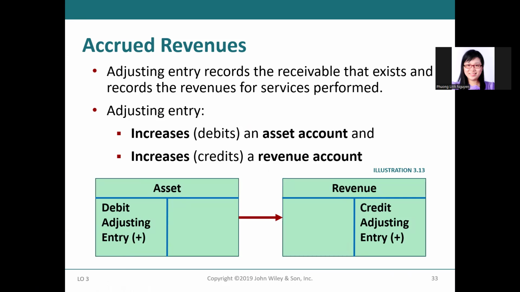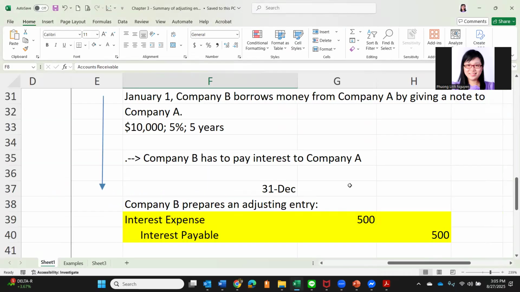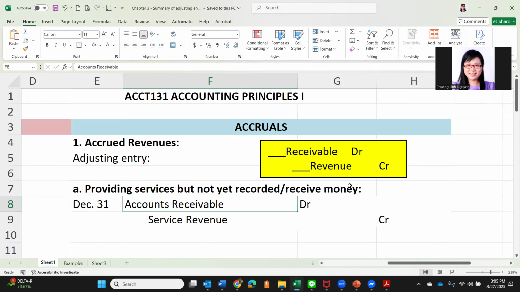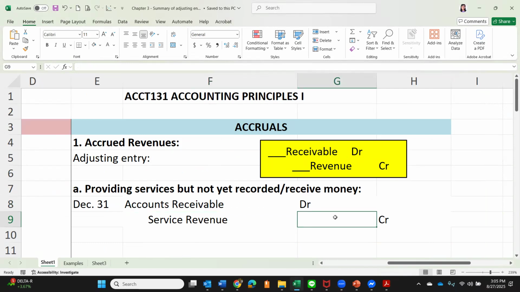The receivable account can be different receivables. For normal service, we debit accounts receivable and credit service revenue.